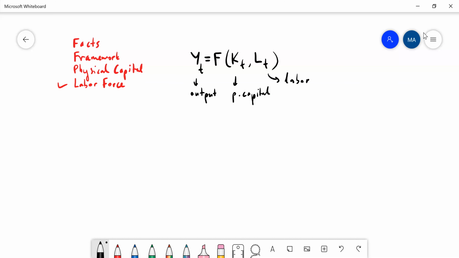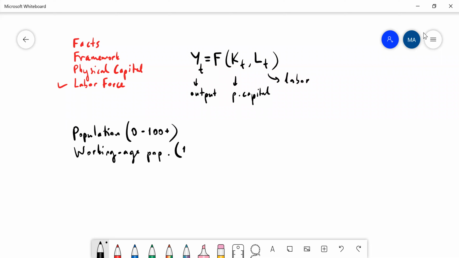Now, when we write the production function in this way, maybe I can explain this. So first, there is population, right? Population of people aged 0 to 100 plus. There are many people in the economy. Then there is what we call working age population, and working age population is typically 15 to 64.